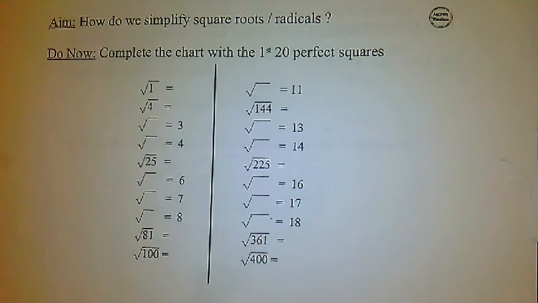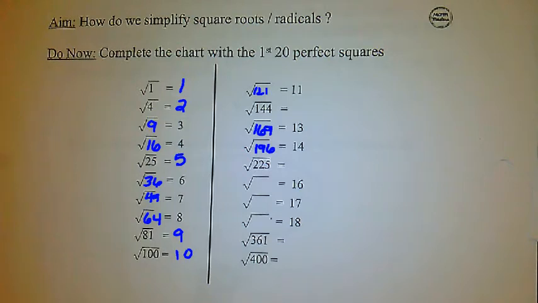Okay, so the square root of 1 is 1, the square root of 4 is 2, the square root of 9 is 3, 16 is 4, the square root of 25 is 5, 36, 6. And again, a couple chapters ago I told you guys, now I'm not going to force you to memorize these, but it really makes your life so much easier if you can recognize them.